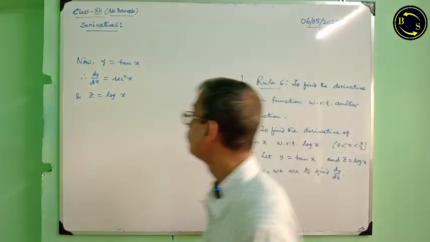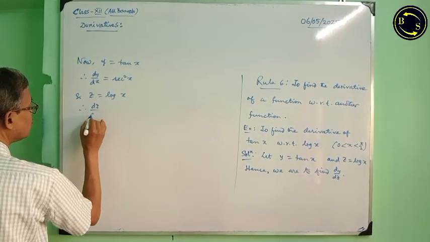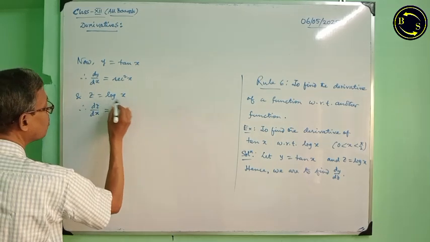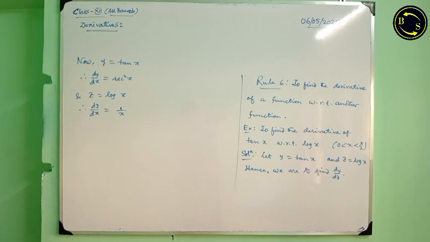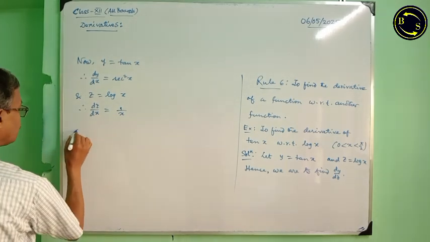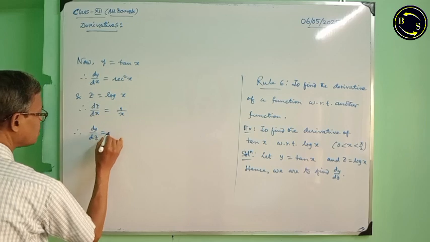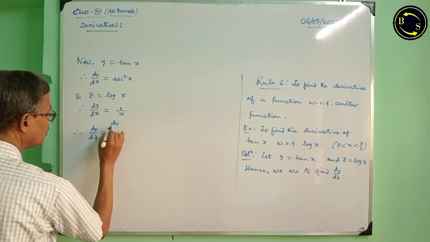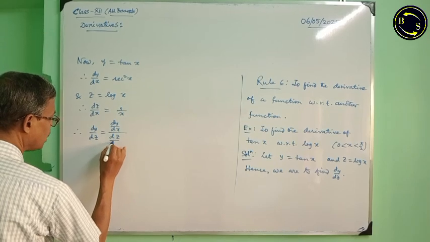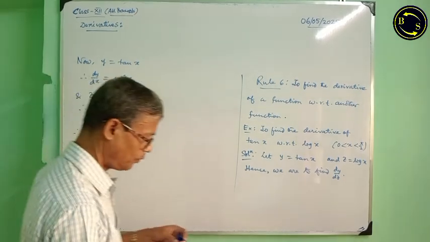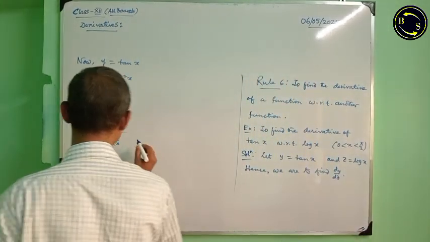Therefore, dz dx equal to derivative of log x, that is 1 by x. Therefore, dy dz is equal to dy dx by dz dx. The form used in parametric form. Now we put the value and simplify.